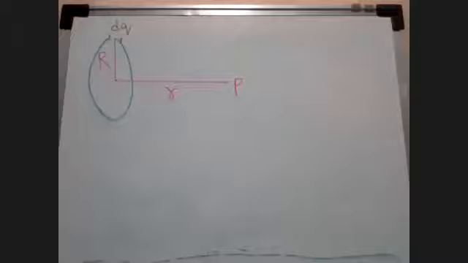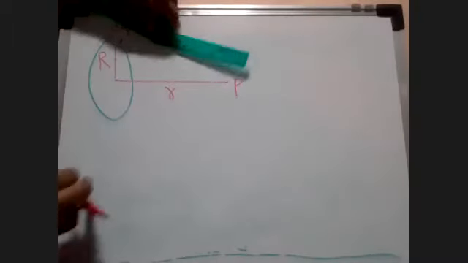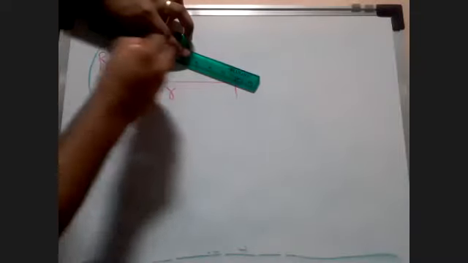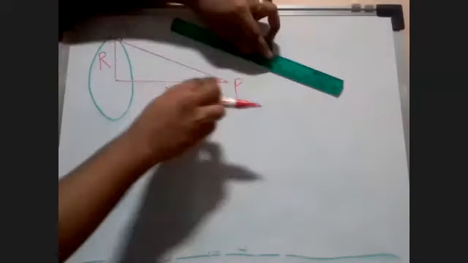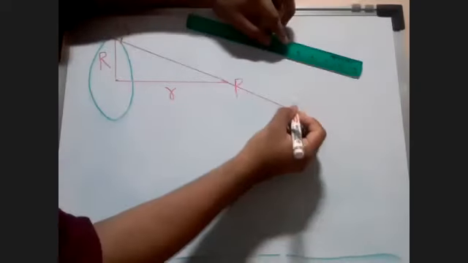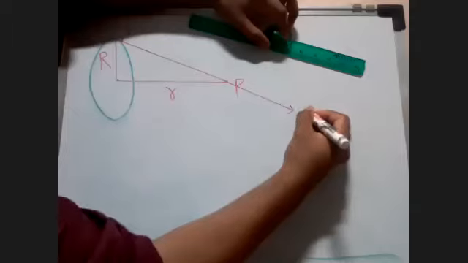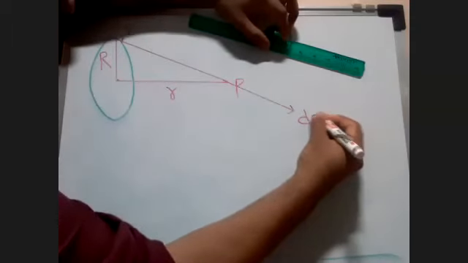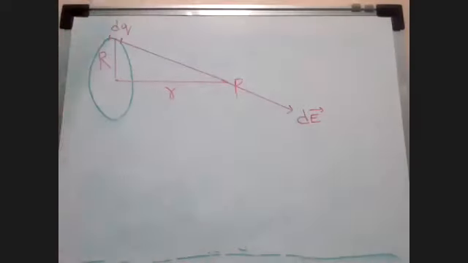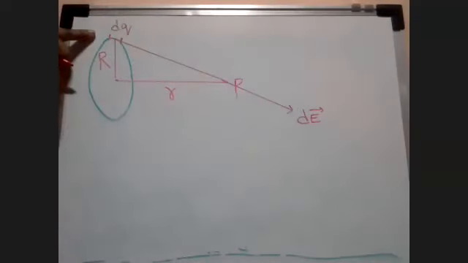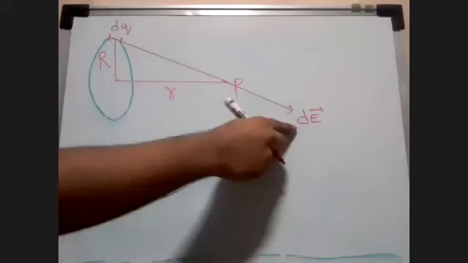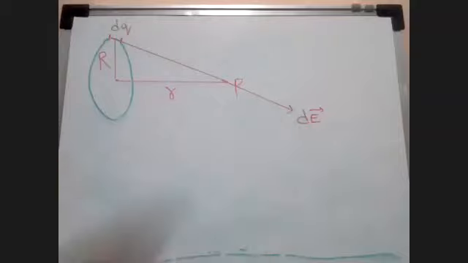So this dq is going to produce a certain amount of force on this point, considering that to be a test charge, along this direction, and this will be dE. Why is it dE? Because you are taking dq. If you are taking a small amount of charge and finding the electric field intensity due to it, it would be a small amount of electric field intensity also. I hope you're understanding this.